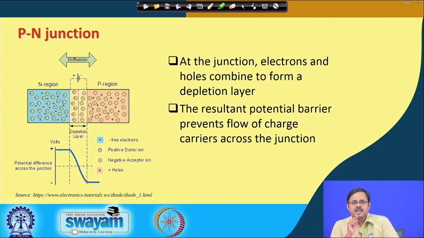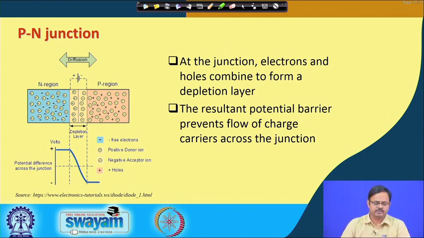Now, recall what happens in n-type semiconductors. You have free electrons. In p-type semiconductors you have holes which can accept electrons. Now, if you place them side by side, make a junction of a p-type and n-type together, what will happen?